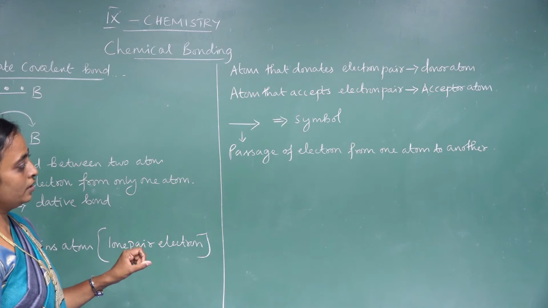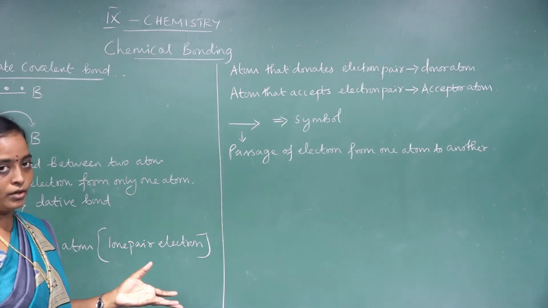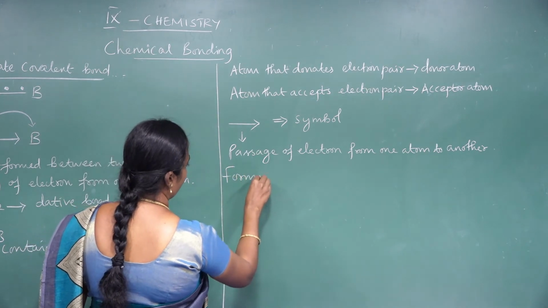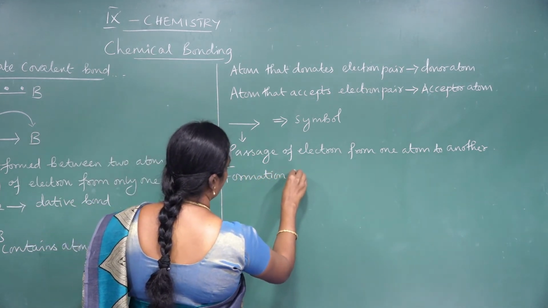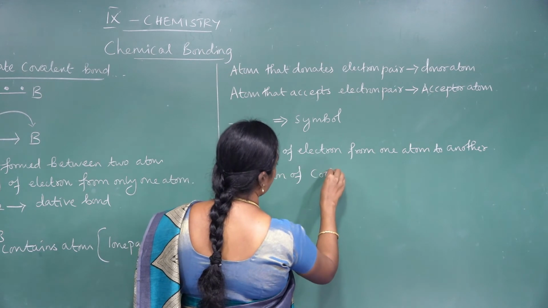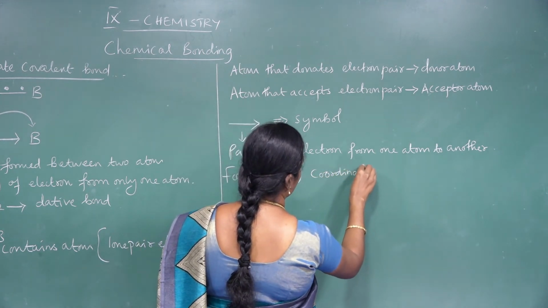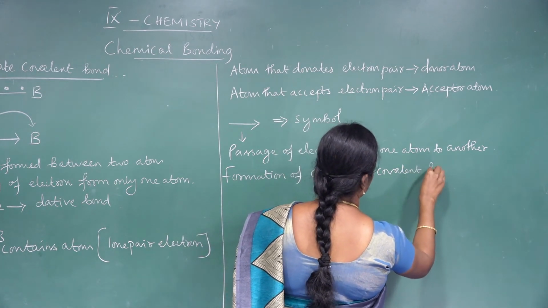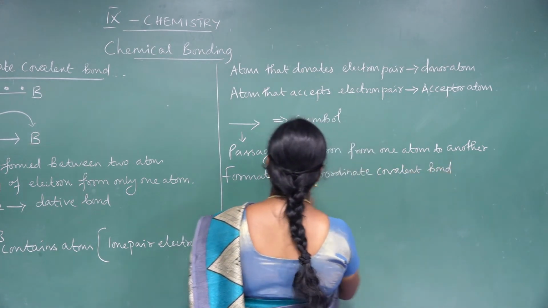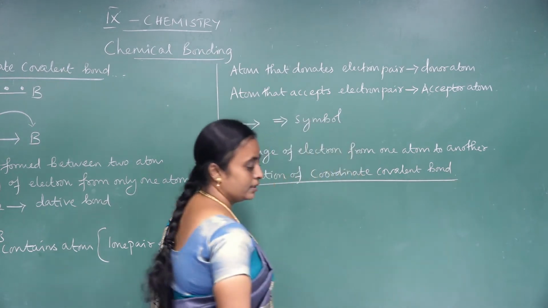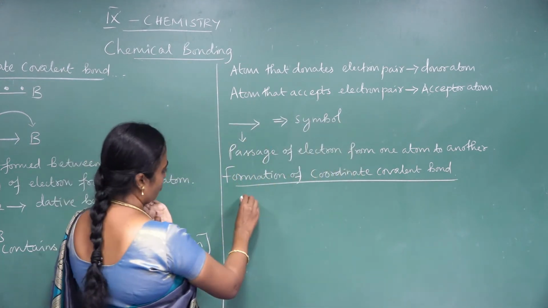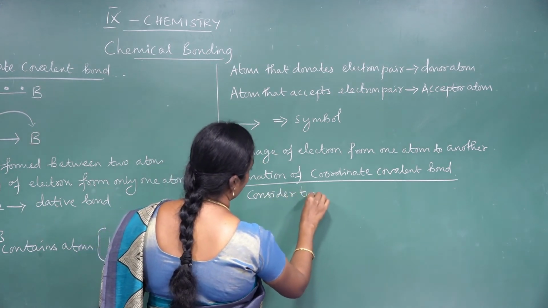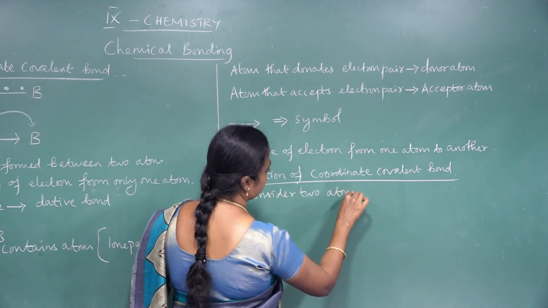Okay. Next we can explain this by taking an example. Next we are going to see the formation of a coordinate covalent bond. Okay. We will take two atoms.